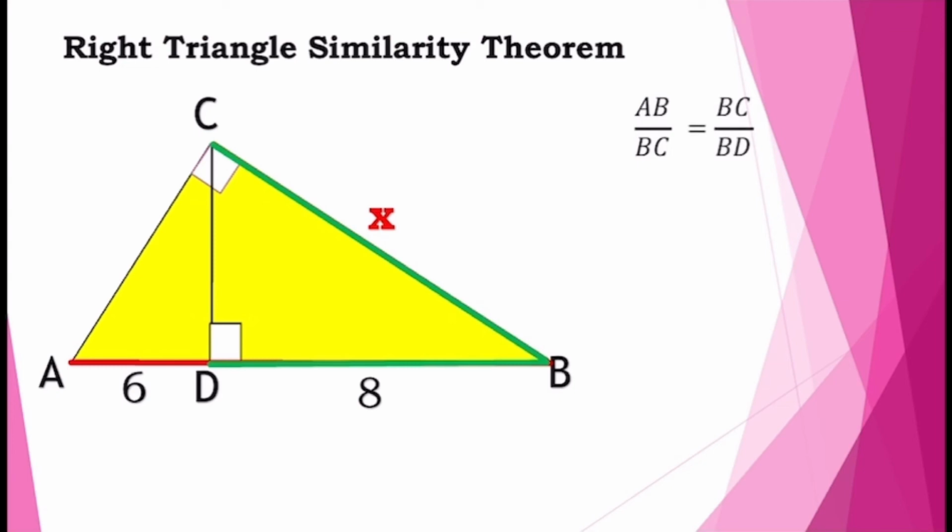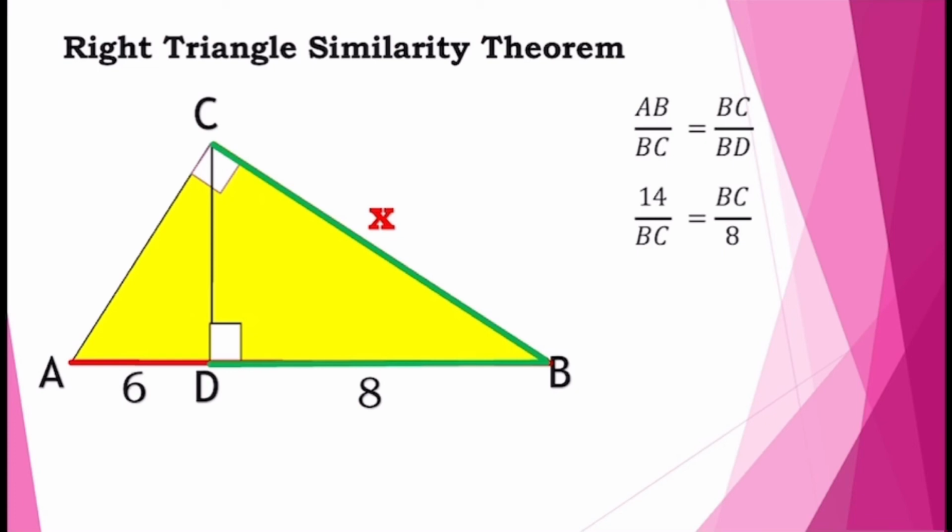Now, let's substitute the values. The value of AB is 14 because 6 plus 8 is 14, and the value of BD is 8. Therefore, we have 14 over BC is equal to BC over 8.